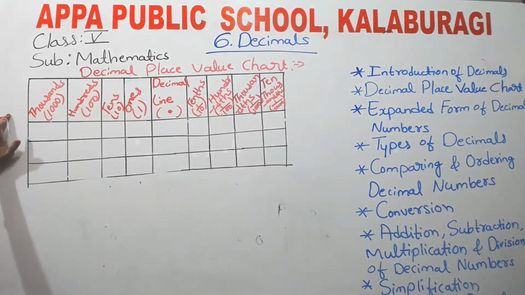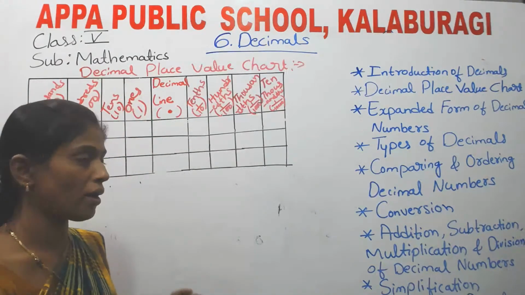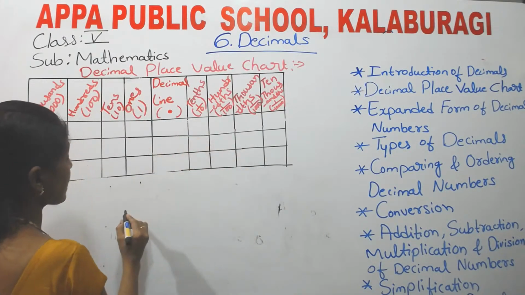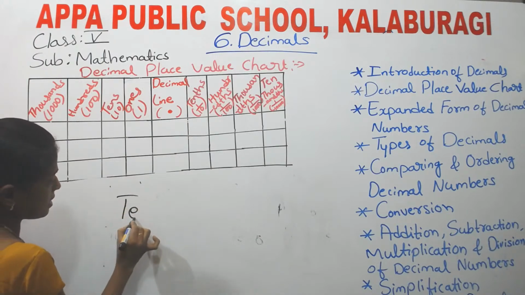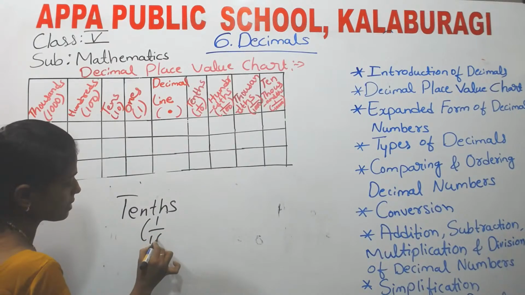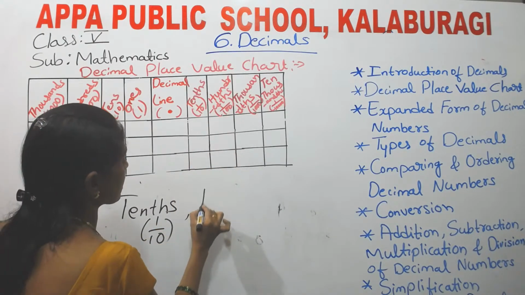See here, in the decimal place value chart, the center is the decimal point. After that, on the right side, we count tenths. Tenths means 1 by 10. And after that, hundredths.